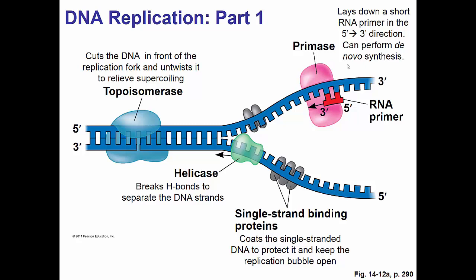So primase will lay down a short RNA primer that our next enzyme will use as a starting point for DNA synthesis. So far, our important proteins are helicase, the single-strand binding proteins, topoisomerase, and primase.